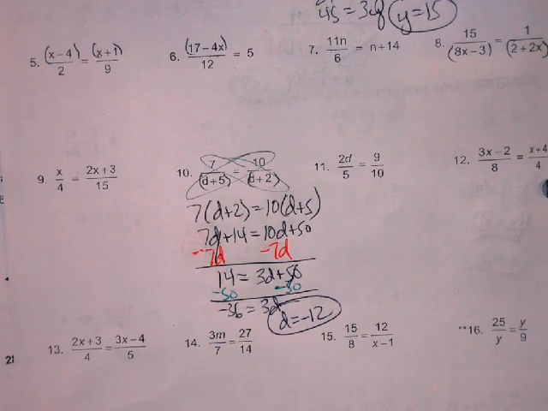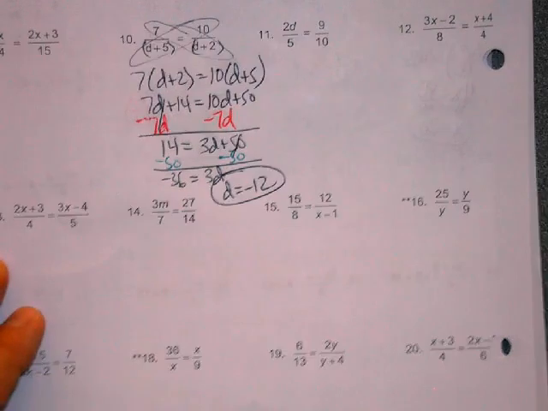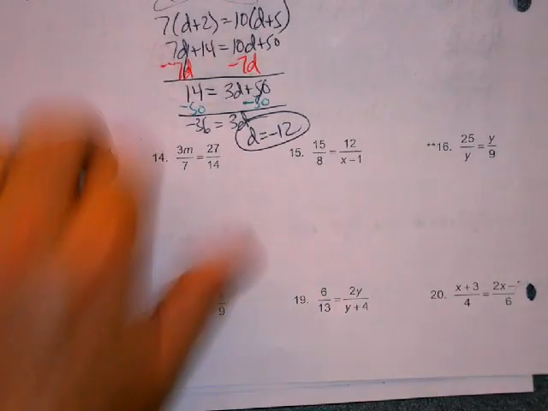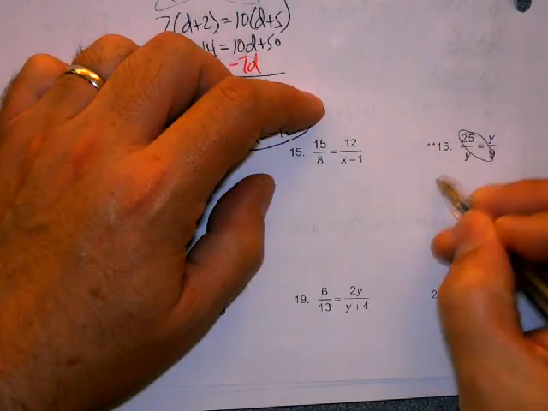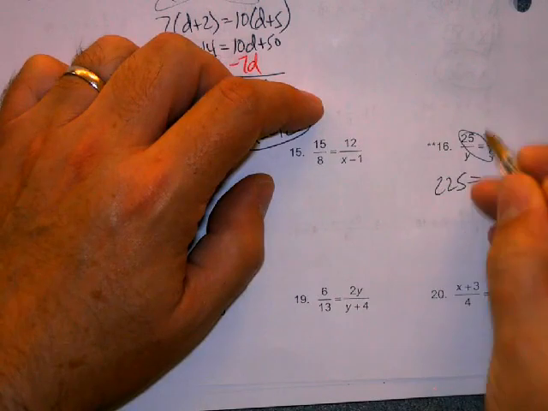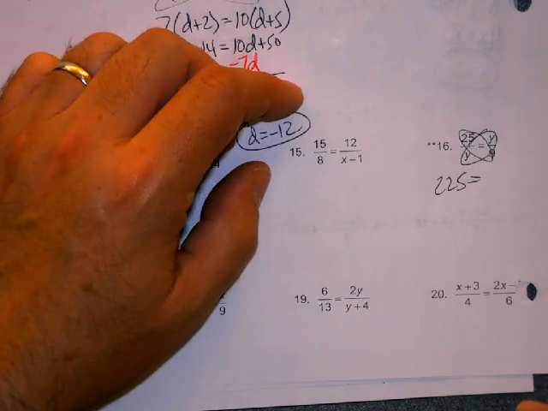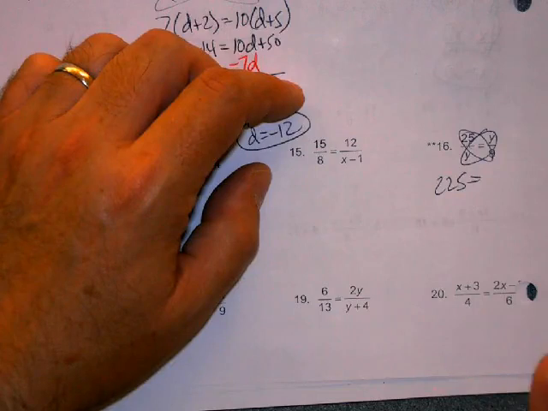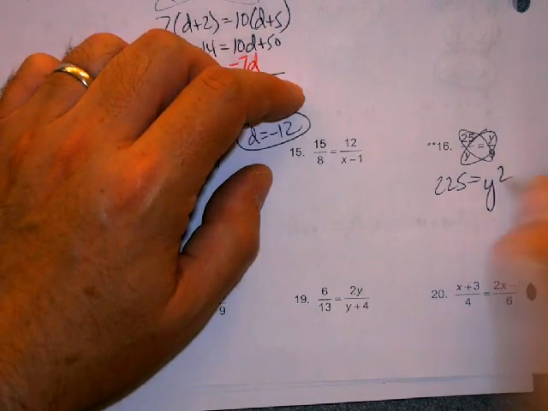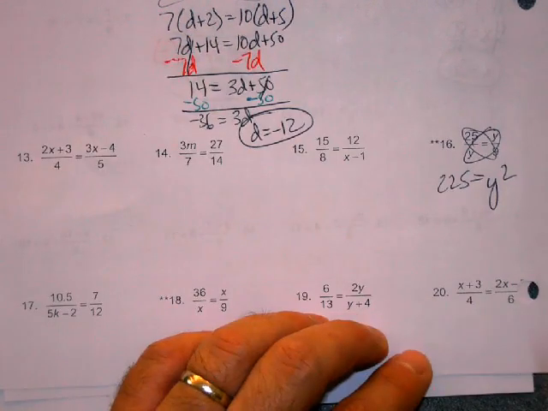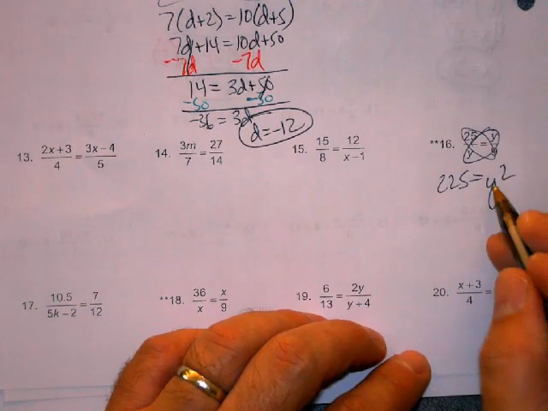I want to do one more. Down here at the bottom, I got 2 starred problems because they're a little special. Y times y, what is that? Not 2y. Y squared, which means whatever my y value is, if I take it to the second power, if I square it, I get 225.